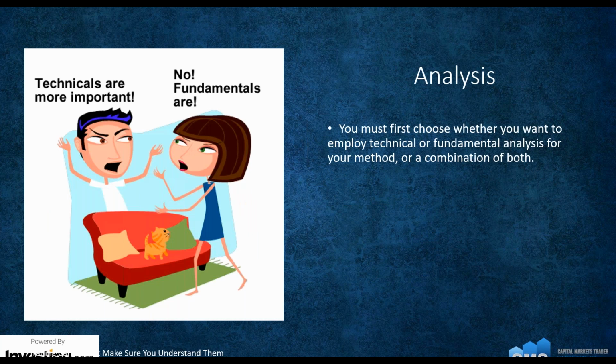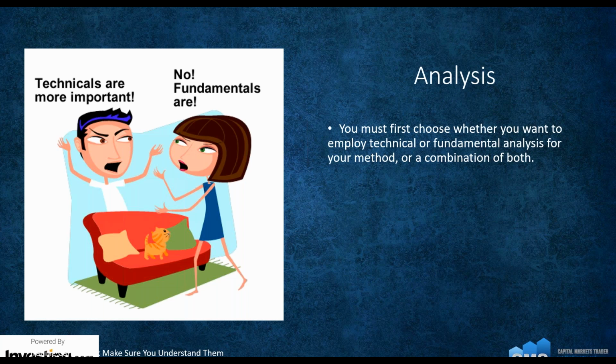Now, once you've identified and said, okay, this market is trending, this is an asset I would consider making a trade in, I don't know at what point to enter it, but I see that the market is moving in an upward or downward fashion.